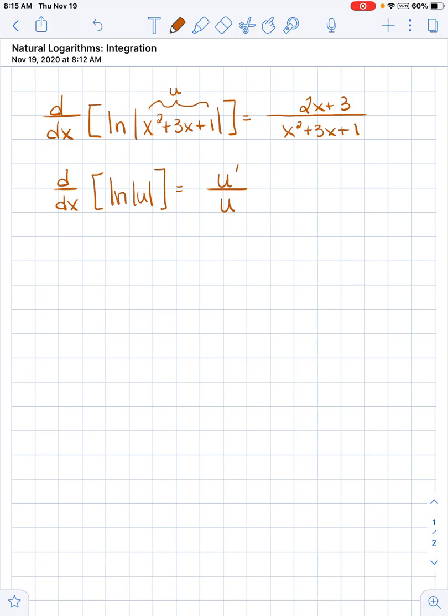So what that means is, in order to find an antiderivative, we need to make sure that if we've got something in the form of u prime over u, another way to see that is 1 over u times du, or another way to write that is du over u. The antiderivative of any of those in this form is the natural log of u plus some constant.